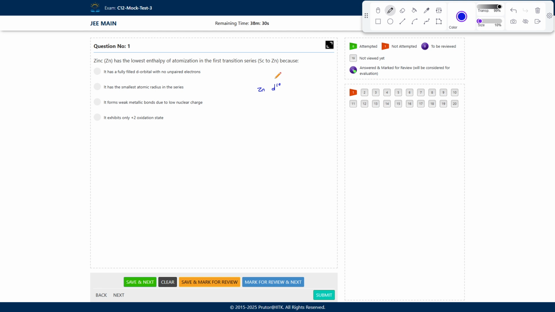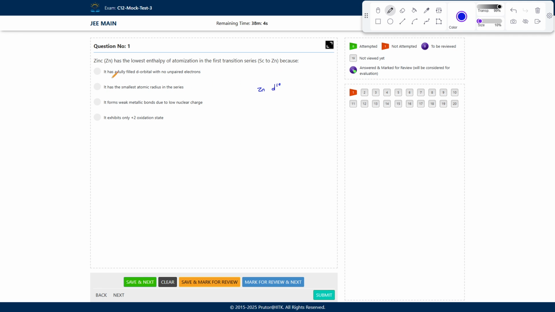Due to the lower availability of unpaired electrons, or you can say no unpaired electron is present in zinc due to the d10 configuration, the metallic bond it forms will be less stable, right? So its enthalpy of atomization will be lowest among the first transition series.